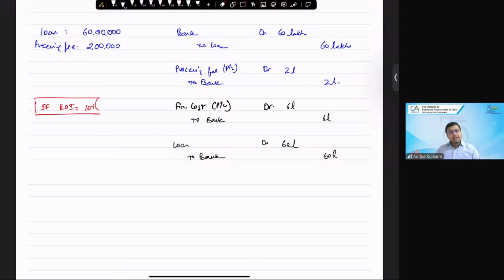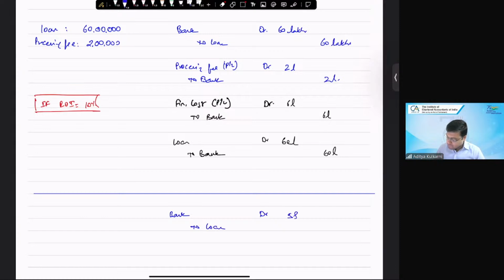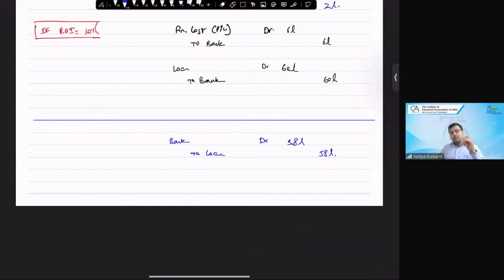So the initial recognition of my loan will be at what value? 58 lakhs. Okay. So what we do is bank account debit to loan 58 lakhs.